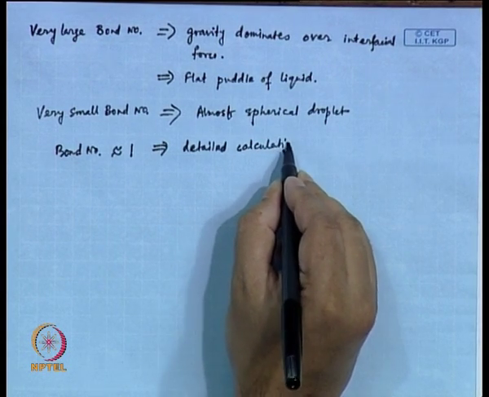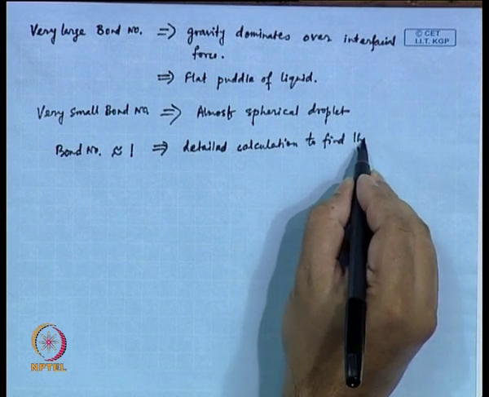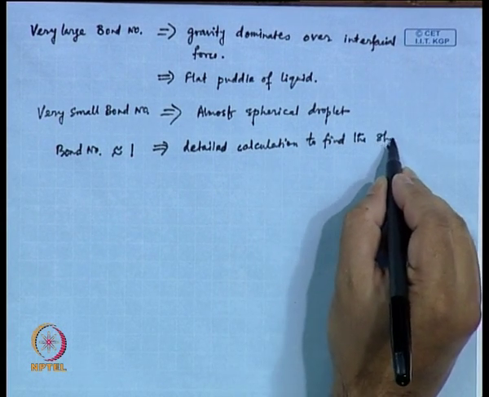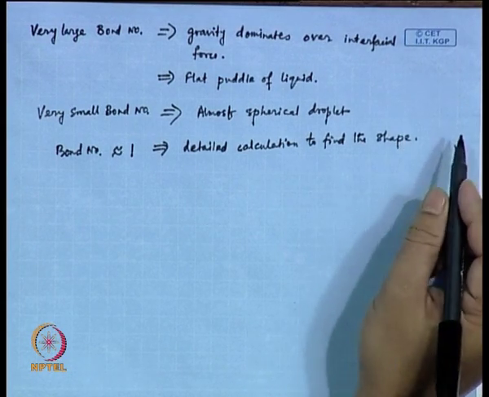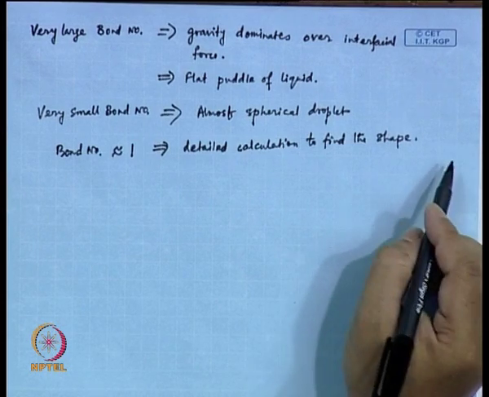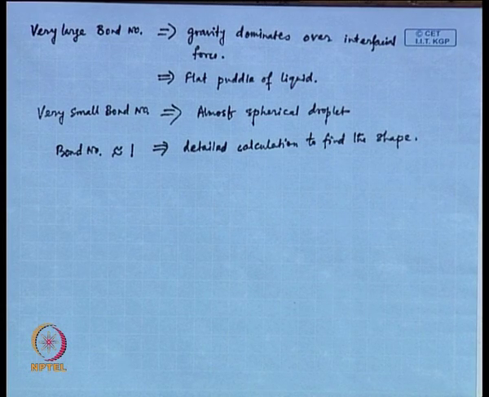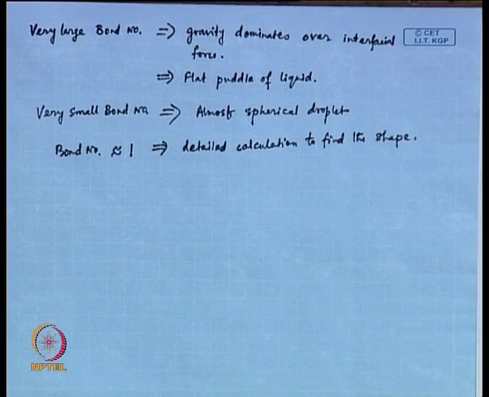You cannot predict the shape. Also, in your calculation, if you want to ignore gravity, then probably one justification of doing that would be that you are working with a small Bond number. Okay. So, these are the few things you can have.